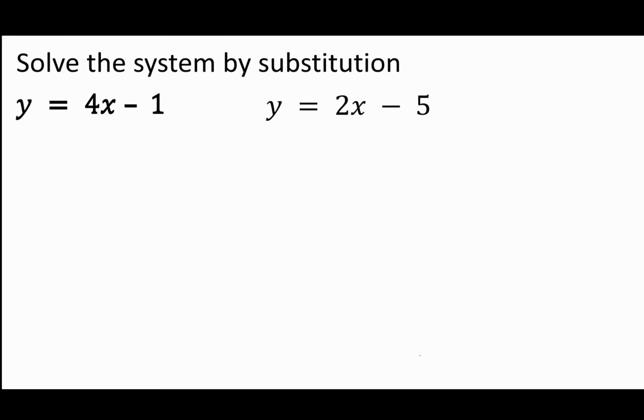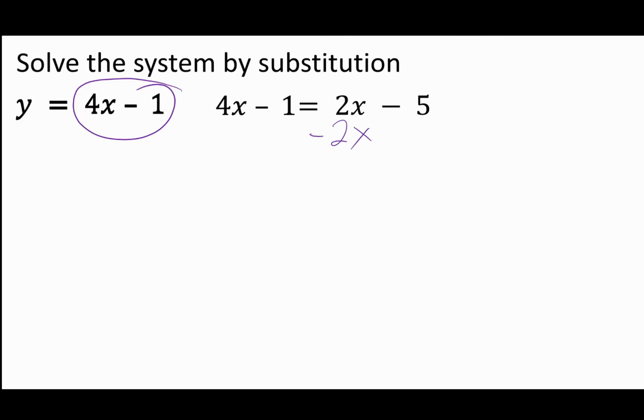All right, on this last problem, notice I've got y equals on both of them. So it honestly doesn't matter which way I solve. So because y is equal to 4x minus 1, I can replace into the other problem with that. Now this problem looks slightly different, much more like our multi-step equations we had early on. So first thing I need to do is get my x's on the same side.